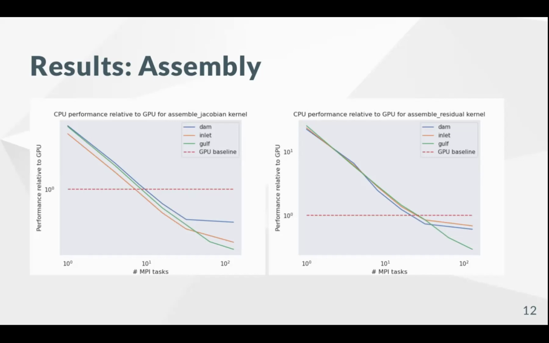So this is showing the ratio of GPU to CPU performance. For assembling a matrix, we're getting a factor of about 10. For assembling a vector, it's around 20.